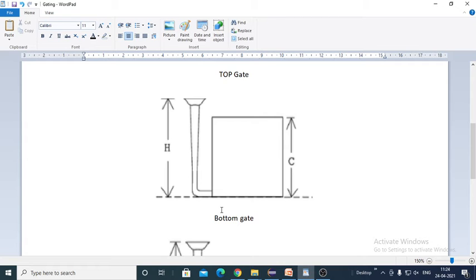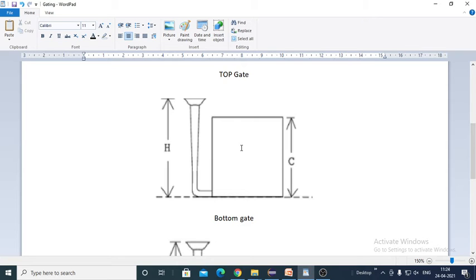This bottom gate produces the cleanest casting, so it results in an increase of molding time. Now let us see the disadvantages of the bottom gate.